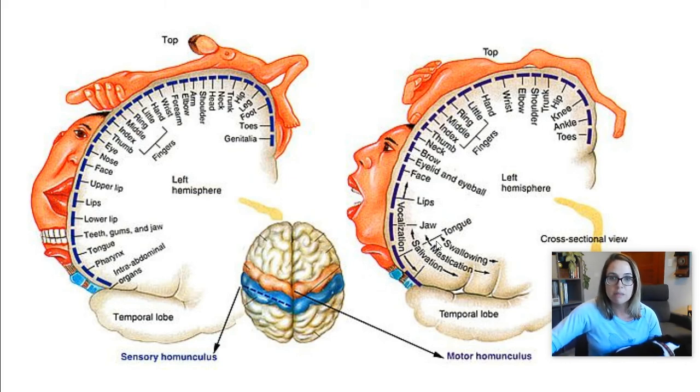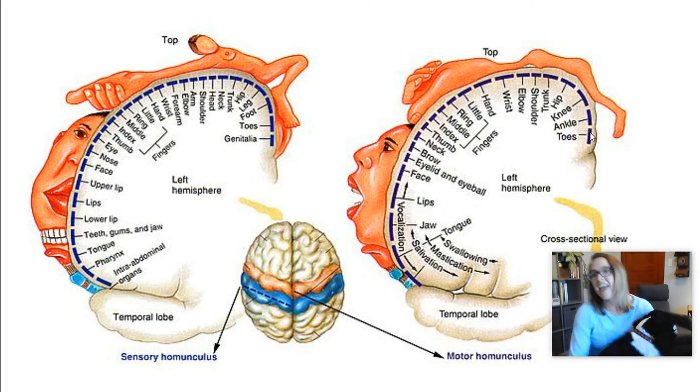And then over here are the motor things that our body can control. The larger the body part is, the more brain power we focus on it. So if you look at this diagram, the face is huge. The lips and the mouth, really, really large.